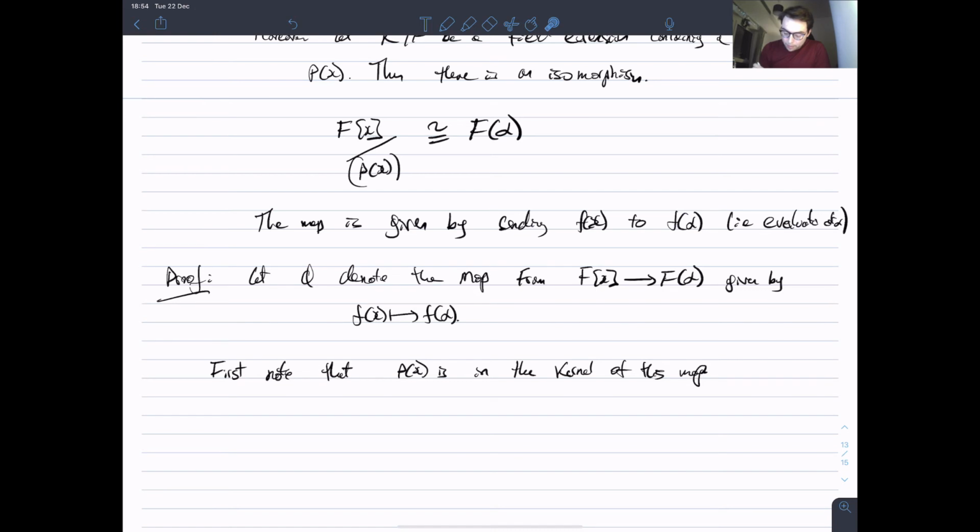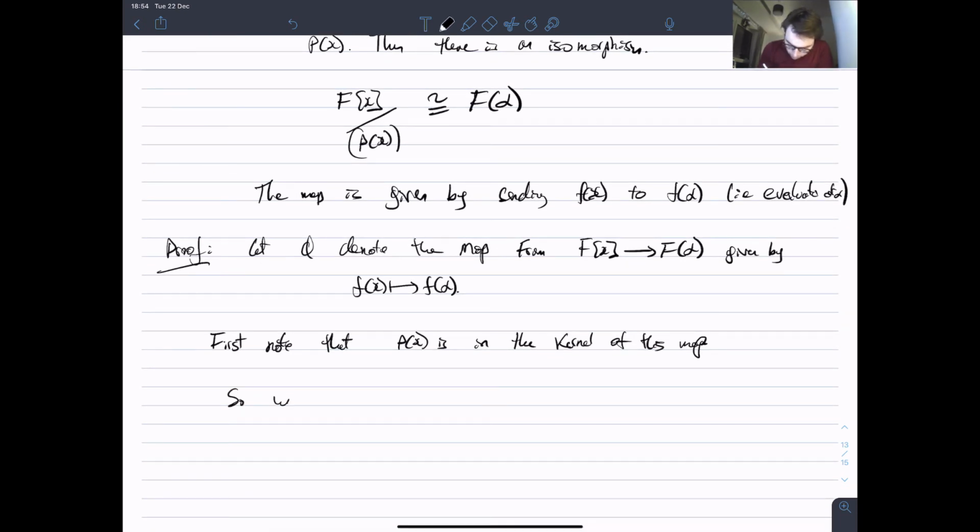Under this map, P(X) goes to 0, so that means that it's in the kernel. So we get an induced map, maybe I should call it phi primed, from F[X] mod P(X), because it sends the thing I'm quotienting out by to 0.